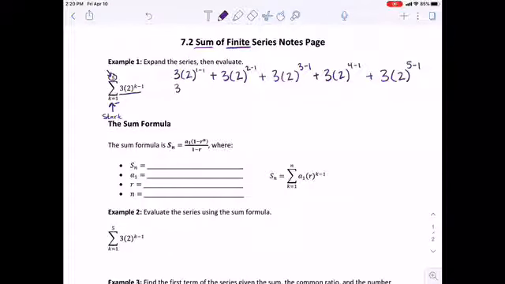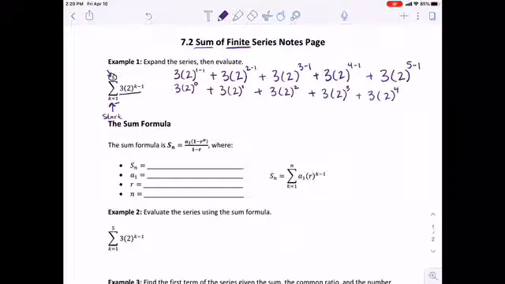So this becomes 3 times 2 to the 1 minus 1 is 0 power, plus 3 times 2 to the 2 minus 1, or first power, plus 3 times 2 to the 3 minus 1, or second power, plus 3 times 2 to the 4 minus 1, or third power, plus 3 times 2 to the 5 minus 1, or fourth power.